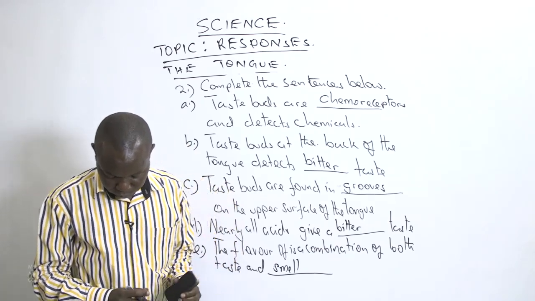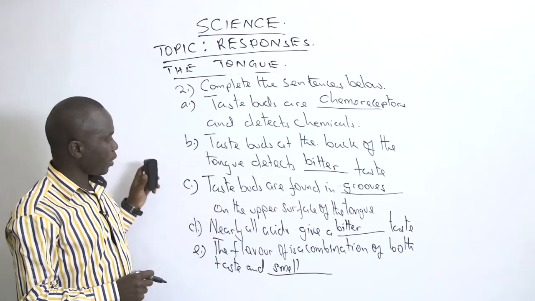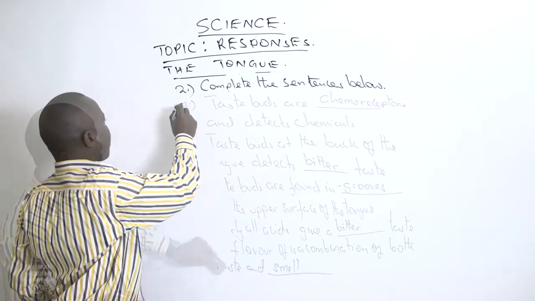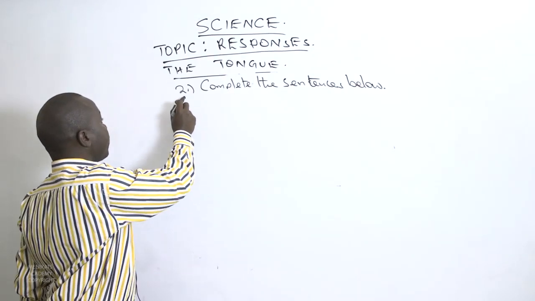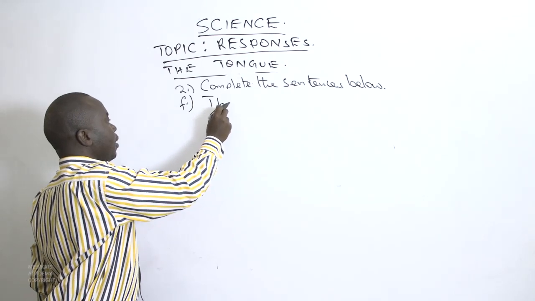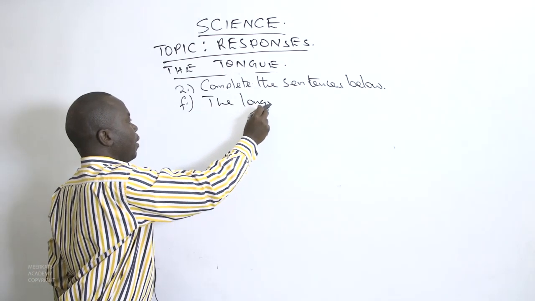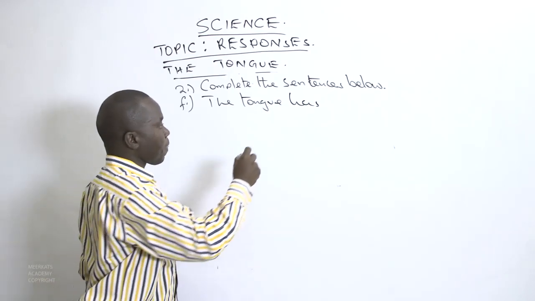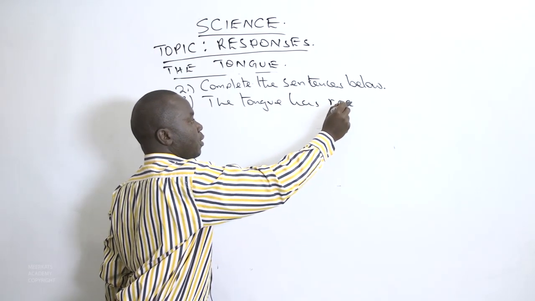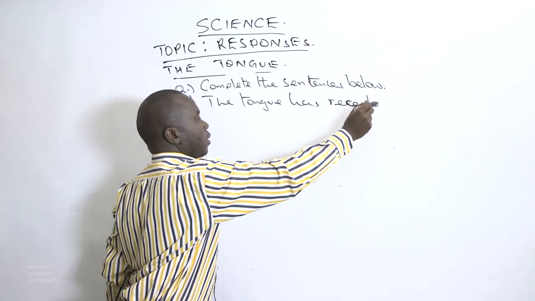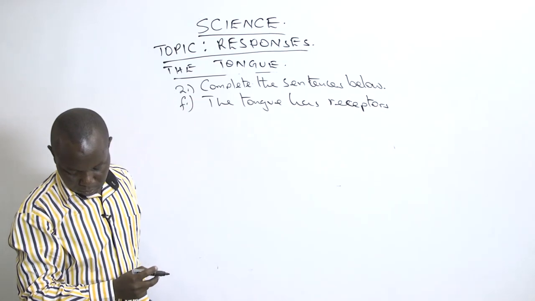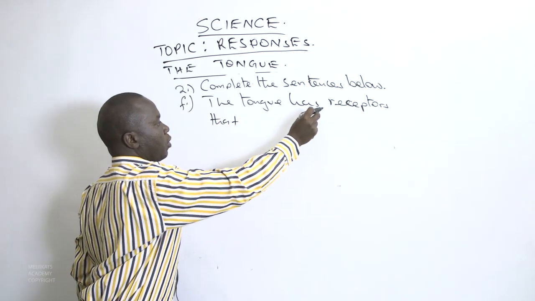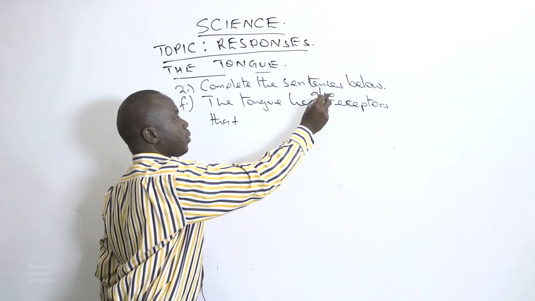Then the last question, the tongue also has receptors that detect, and that is part F. The tongue has also receptors that detect, the word also is important.